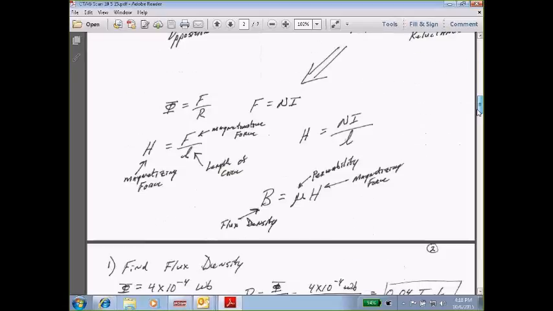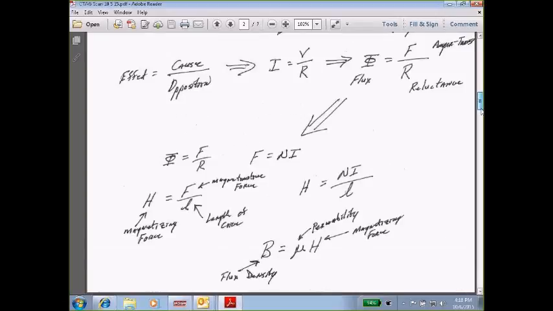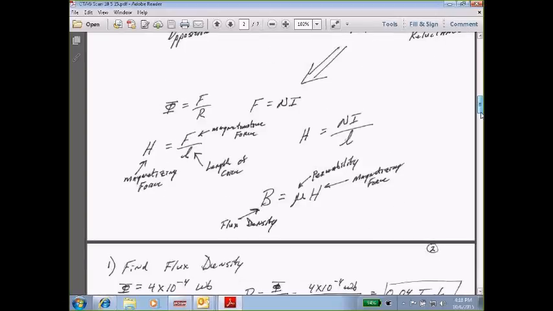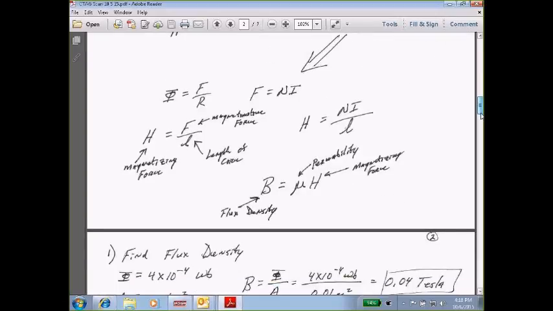And that reluctance depends on what material the core of the magnet is made of. Some materials have better magnetic properties than others. Okay, flux is equal to the force divided by the reluctance. The force is equal to the number of turns times the current.